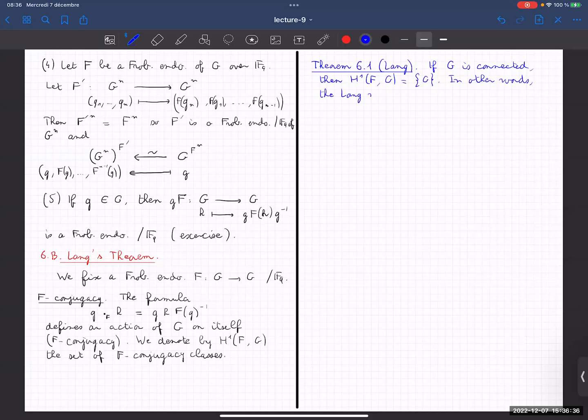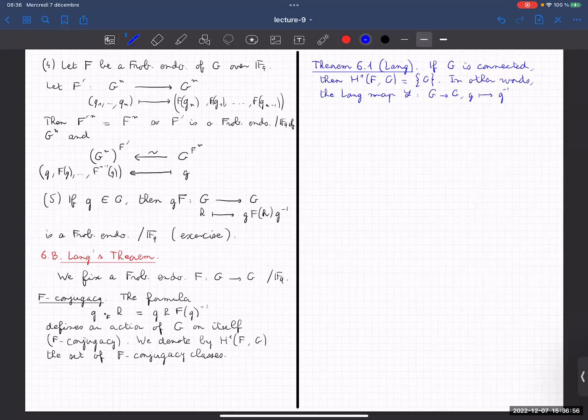So this means that the Lang map, that I'll denote by L, that goes from G to G and sends g to, so if I take the action of g, I should write g times F(g inverse), but sometimes it's more convenient to take the dot_F action of g inverse on 1. And so the theorem means that this map is surjective.